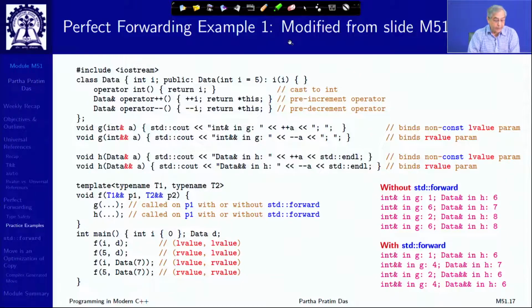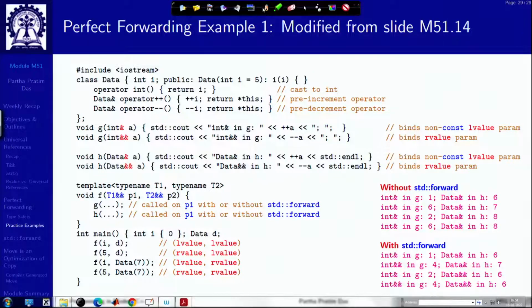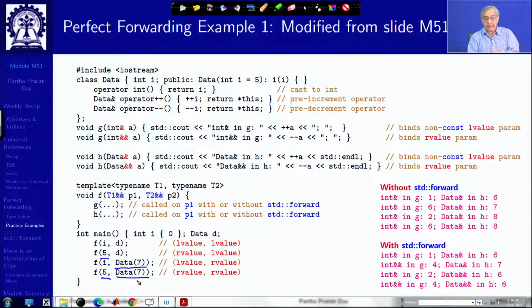Okay. So, in the following I have given a number of examples based on perfect forwarding. The first one is based on a little variant of the earlier example, where instead of using std::move to generate your R-values, we have directly used constants or direct temporary objects, and you can see how the code similarly behaves.